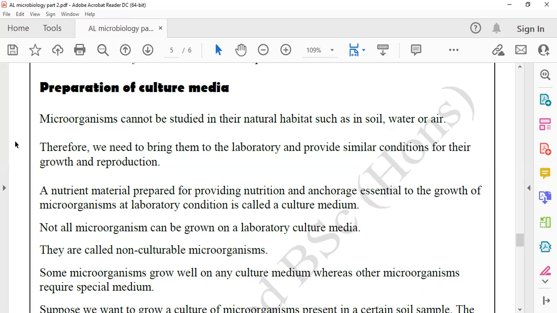You can go and buy it in the shop. The shop sells it by the name culture packet. In the culture packet there is Lactobacillus bulgaricus in large number.